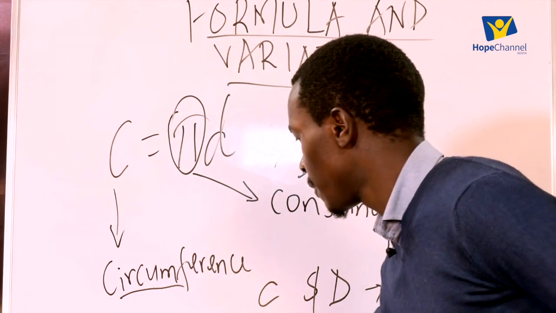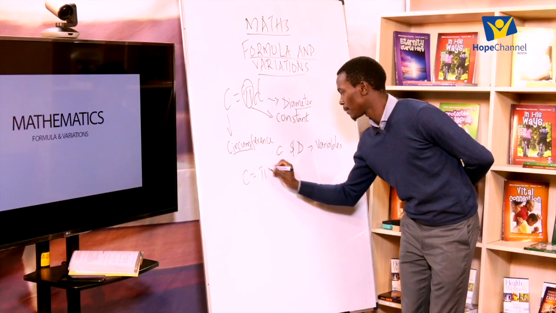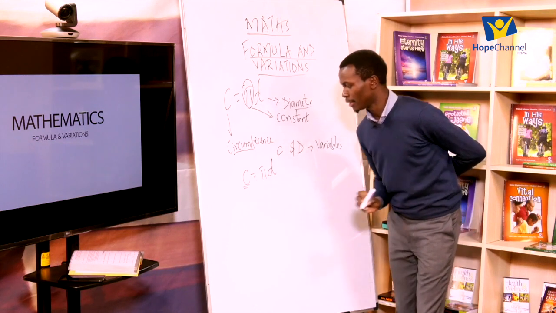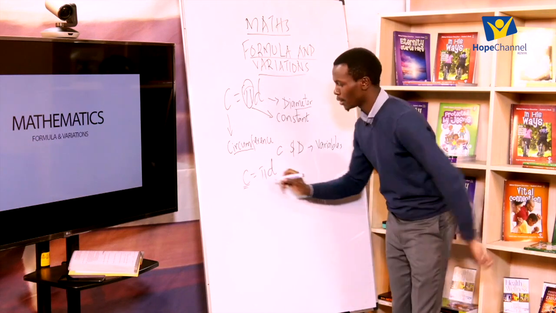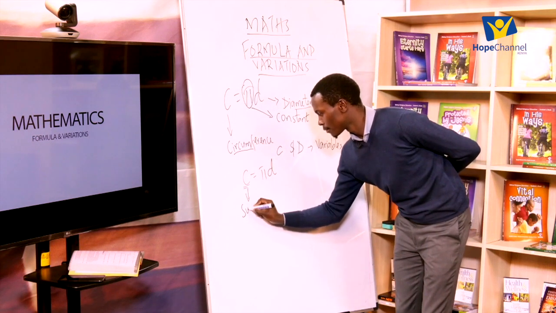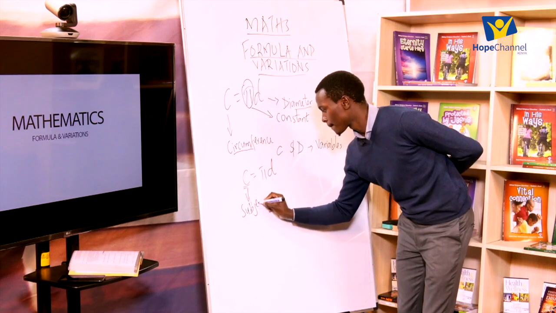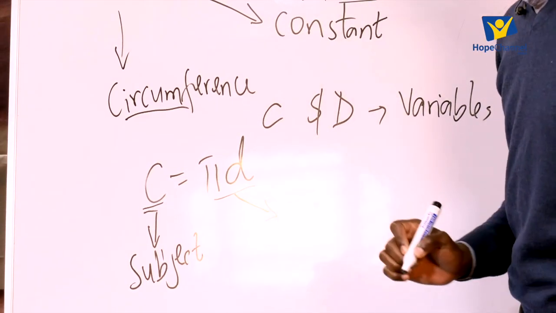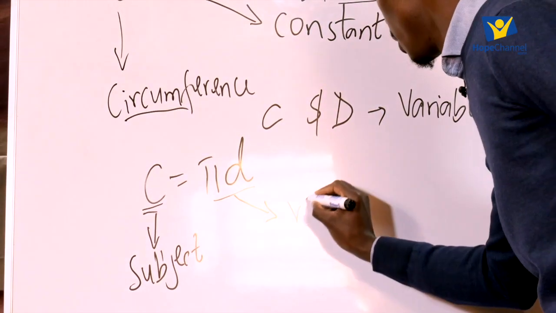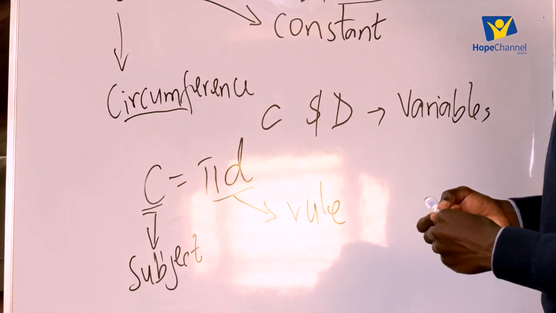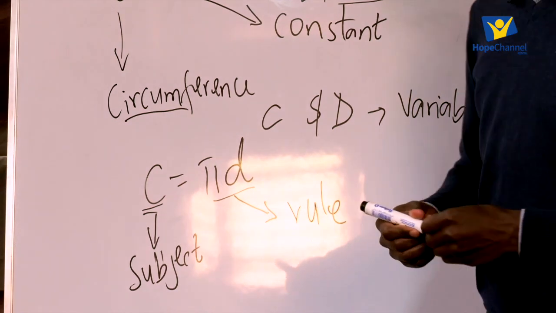Now when we write the formula c is equal to pi d, the first side, c in this case, we call it the subject, while the second side, which is pi d, we call it the rule, which we are going to use to find the circumference of the circle.